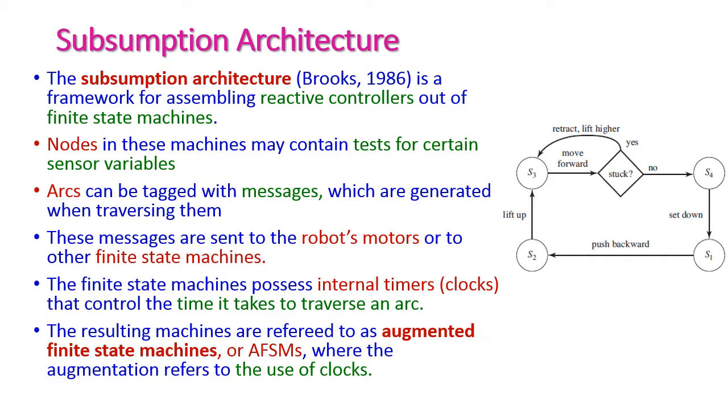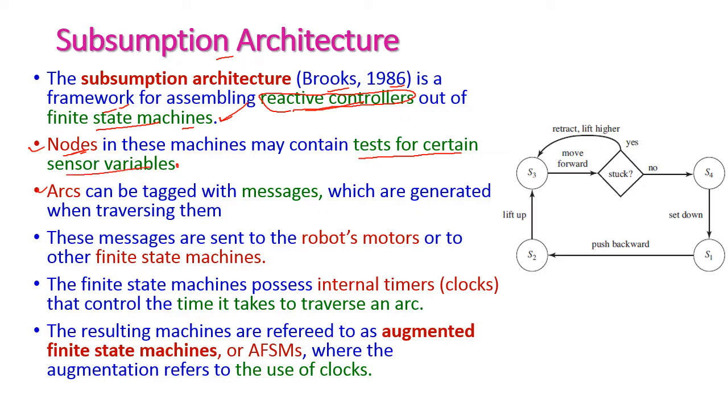The subsumption architecture, which was introduced by Brooks in the year 1986, is a framework for assembling reactive controllers out of finite state machines. That means the reactive controllers are attached to the finite state machines. The finite state machine contains nodes and arcs. The nodes in the machine contain tests for certain sensor variables.